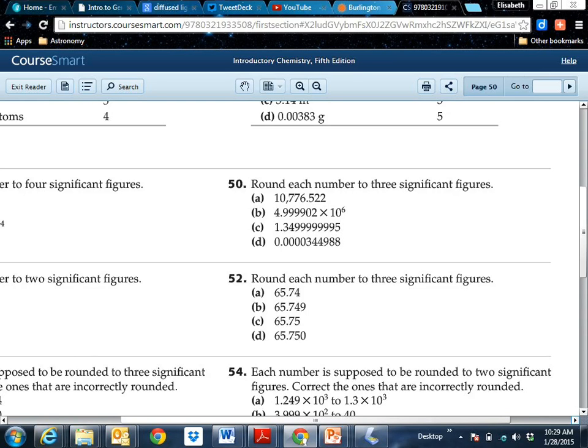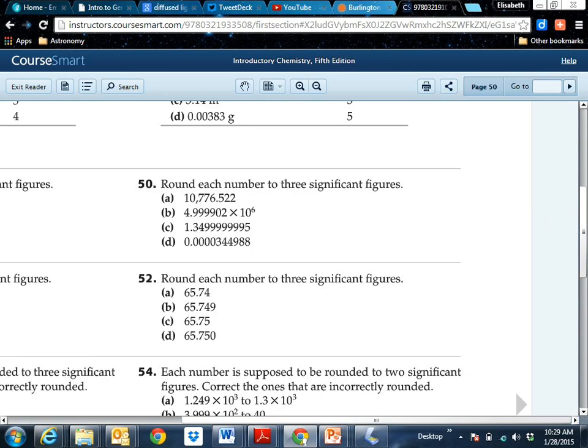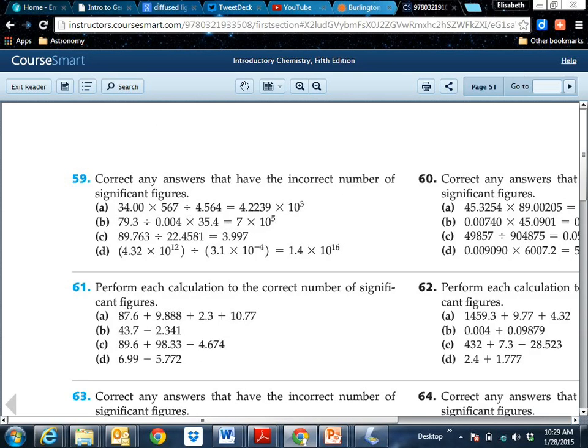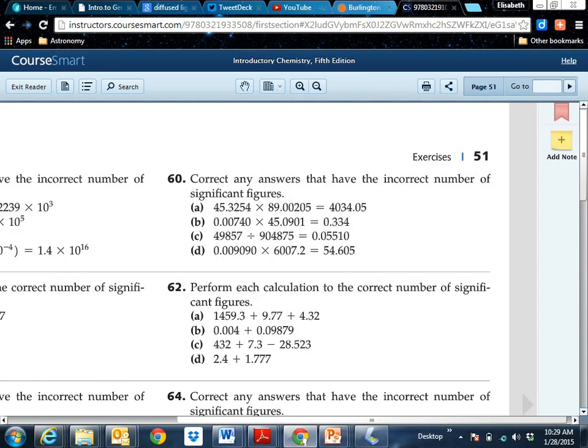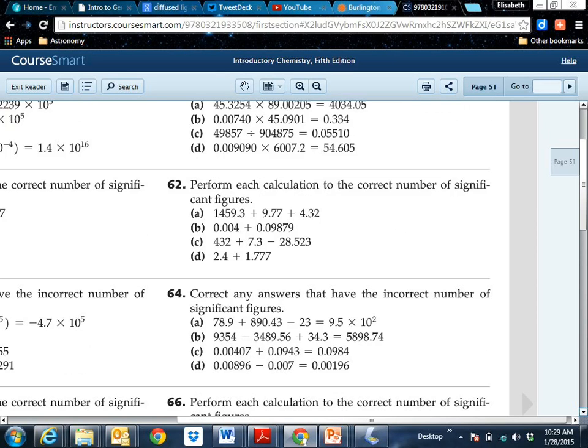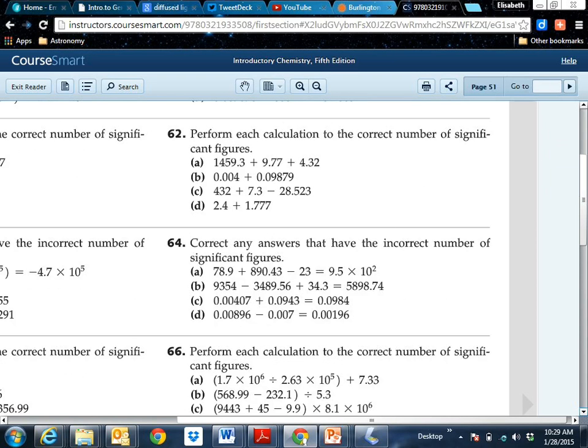Then the next ones you're supposed to do are 58, 62, 64. They look like this. Well, here's 62, and I think 58. Well, 58, 62, and 64, I believe, are all, what's the type of operation?